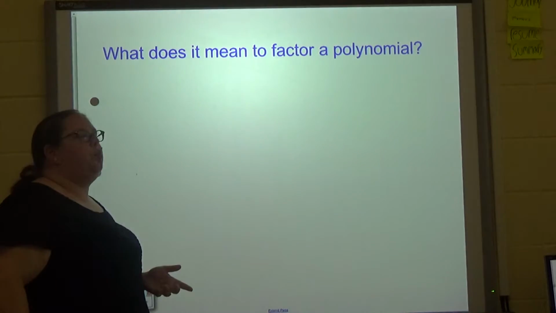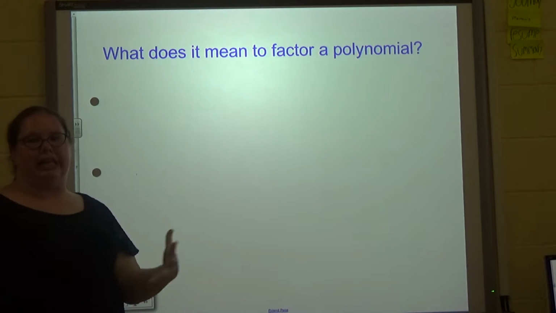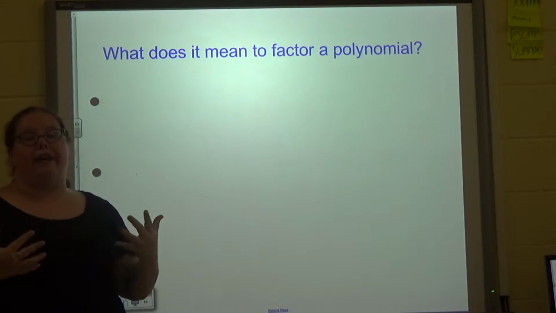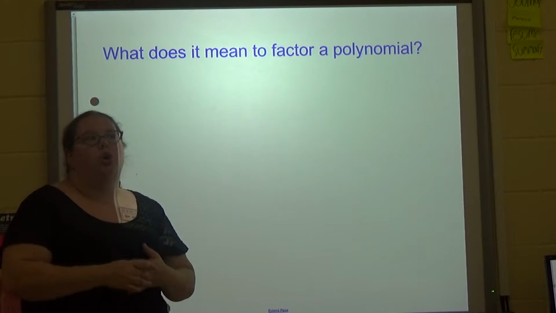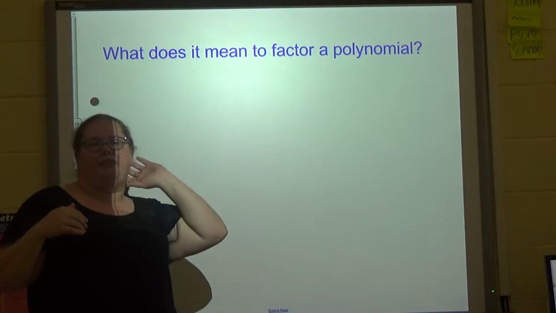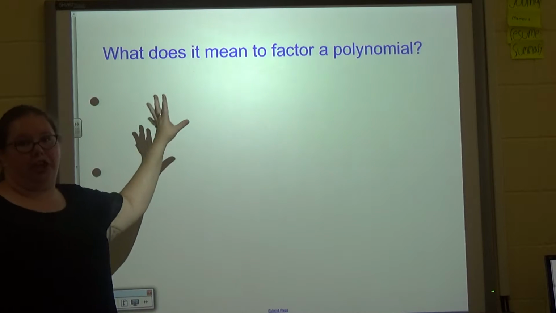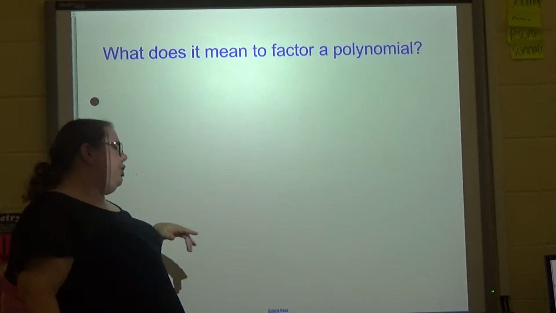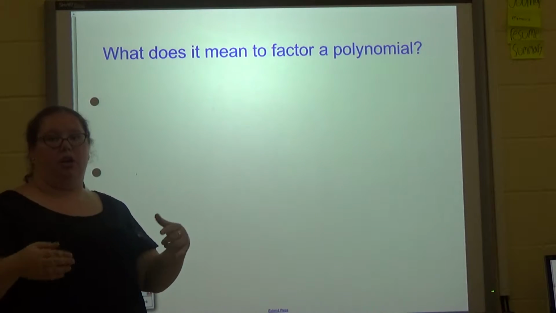Alright. What does it mean to factor a polynomial? So now that was kind of just leading up into this idea of factoring. So remember our definition of factor was something that divides into something else. So that was like the noun factor. Now we're dealing with the verb. So factors multiply to a number.